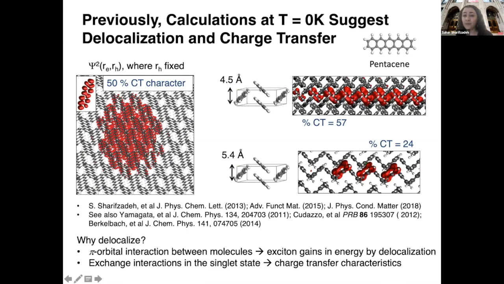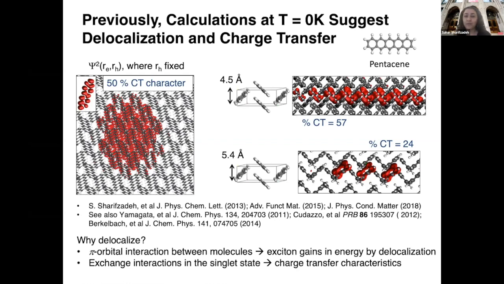For example, going face to face, we can get this 1D type exciton. If we start to move molecules apart from each other, we can localize that exciton and change its charge transfer characteristics. Again, this is just the interplay of these different energetic components: the delocalization, the exchange, and also Coulomb interactions.